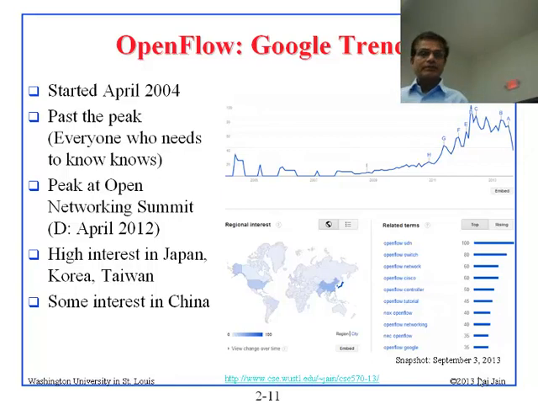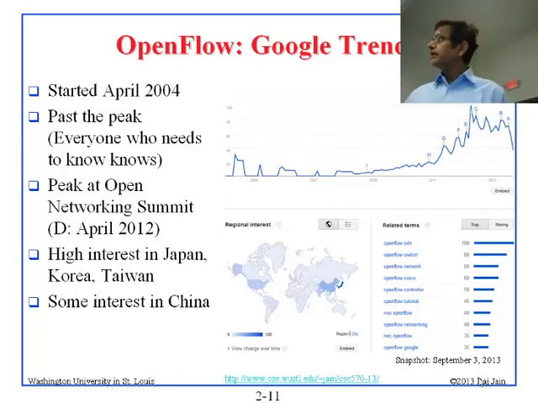Okay, past the peak. And the peak was at the Open Networking Summit last year. So basically, and I was at that meeting too, ONS April 2012, I was at April 2013 as well. So in April 2012, people started discussing SDN in more general terms than OpenFlow. So OpenFlow is now decreasing.